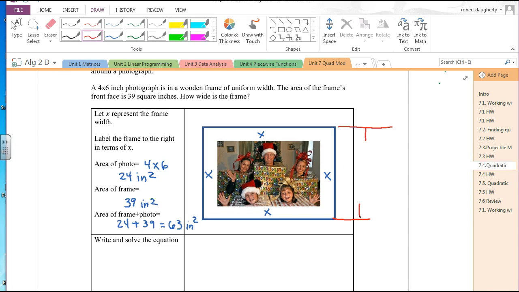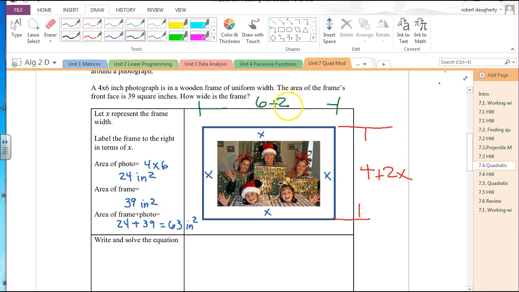So this whole side is 4 plus 2x, okay? Because the width of the photograph is 4, and I've got x and x. So that tells me from the top of the frame to the bottom of the frame is 4 plus 2x. Now let's look at total from left to right over here. So if I'm going from here all the way to here on that frame, that's going to be what?